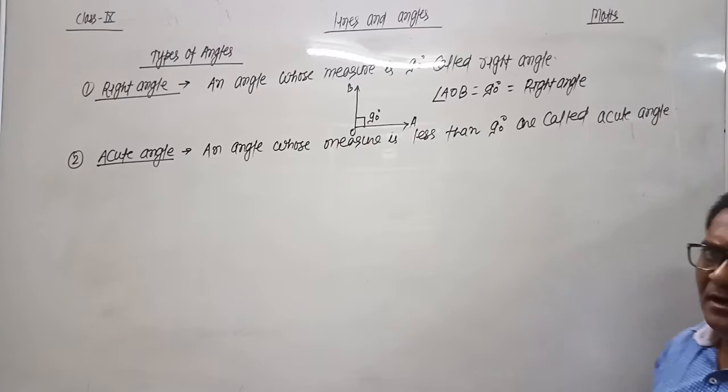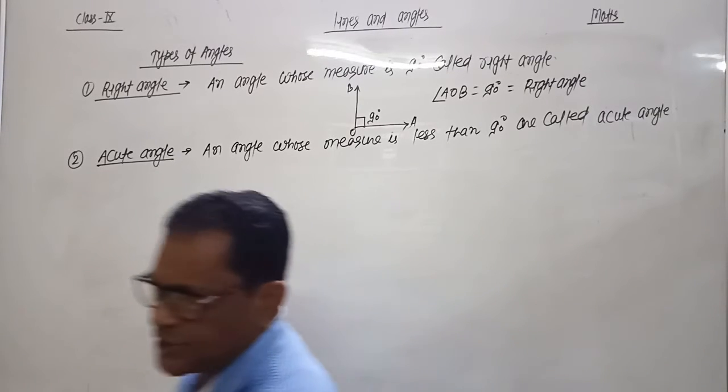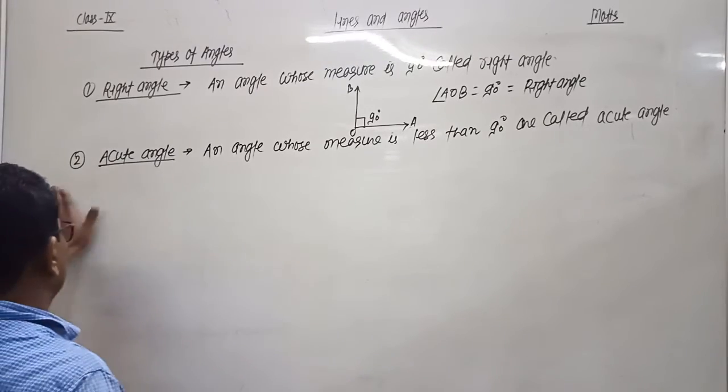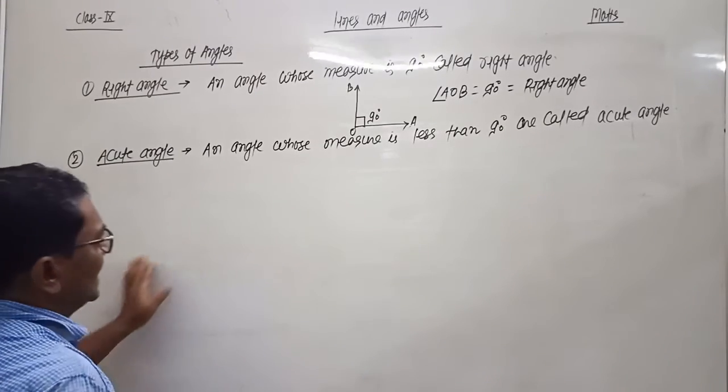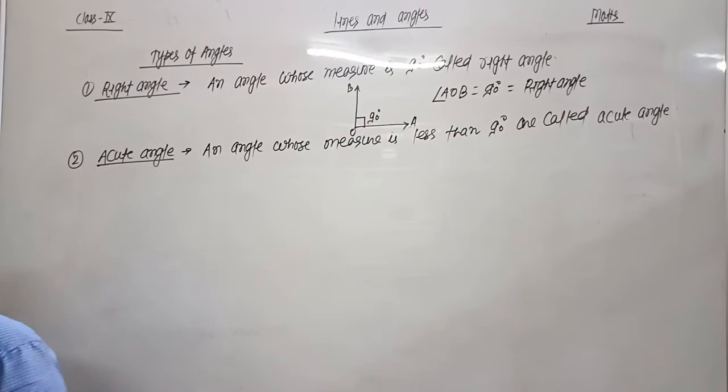For example, 20 degrees, 10 degrees, 30 degrees, 45 degrees, 60 degrees, all of these are acute angles. So an acute angle lies between 0 and 90 degrees. An angle more than 0 degrees but less than 90 degrees is called an acute angle.